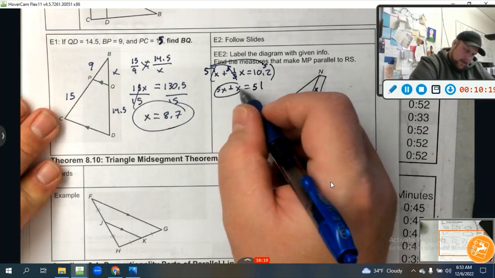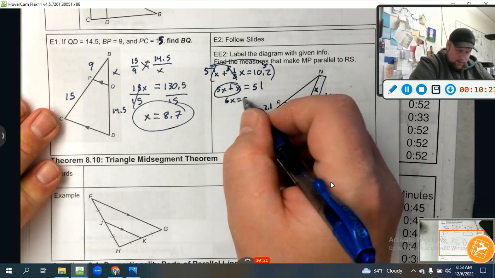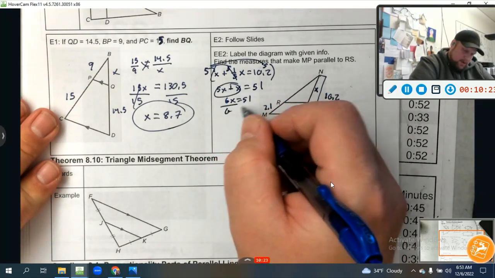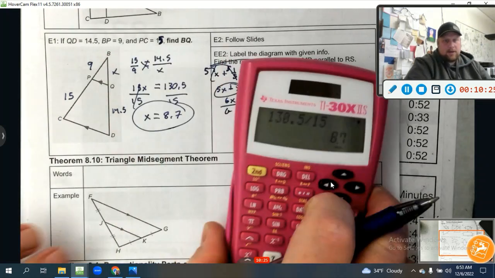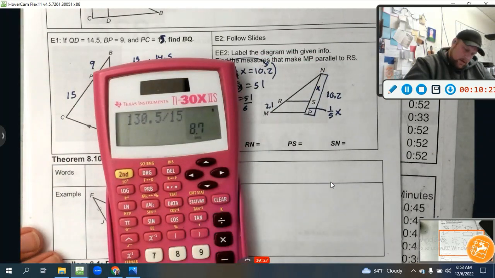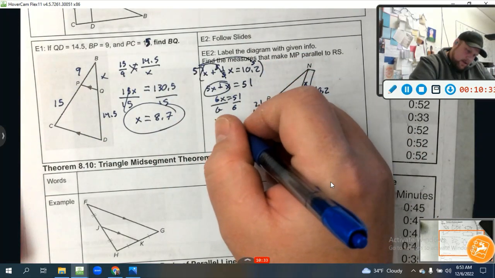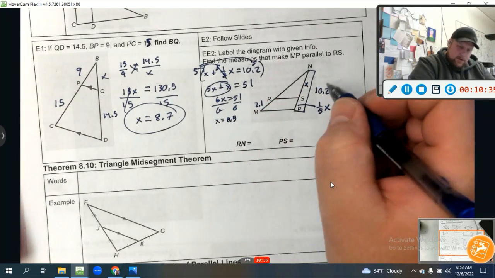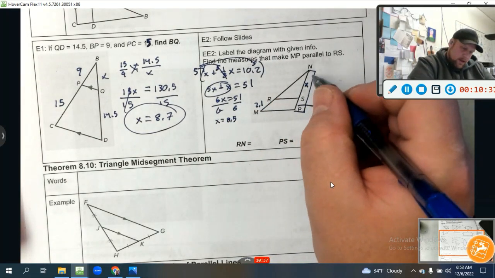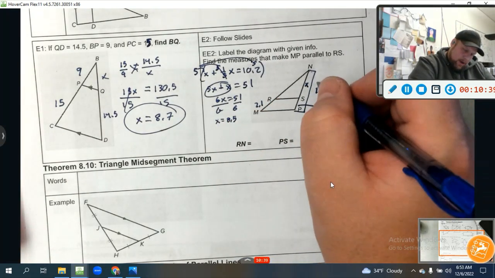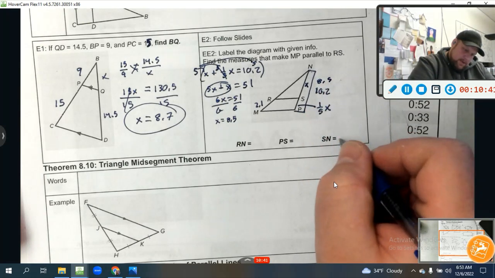These together make 6X equals 51. Divide both sides by 6. X equals 8.5. There's different ways you can do this, but that means NS right here is 8.5, which is one of our answers, SN, right?